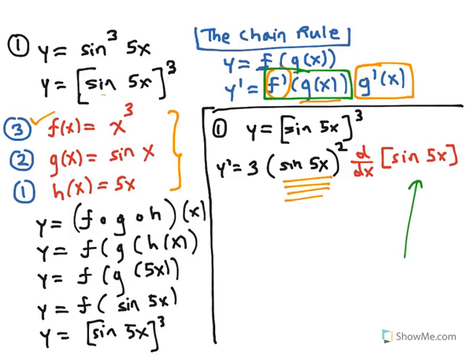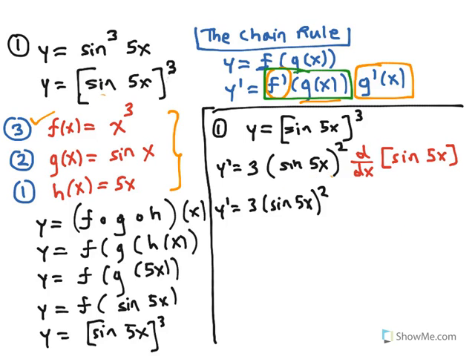You have to use the chain rule again. When you are finding the derivative of a composition of three functions, you actually have to use the chain rule twice. Now we use the chain rule again to find the derivative of the inside function sine of 5x, because that is itself a composition of two functions.